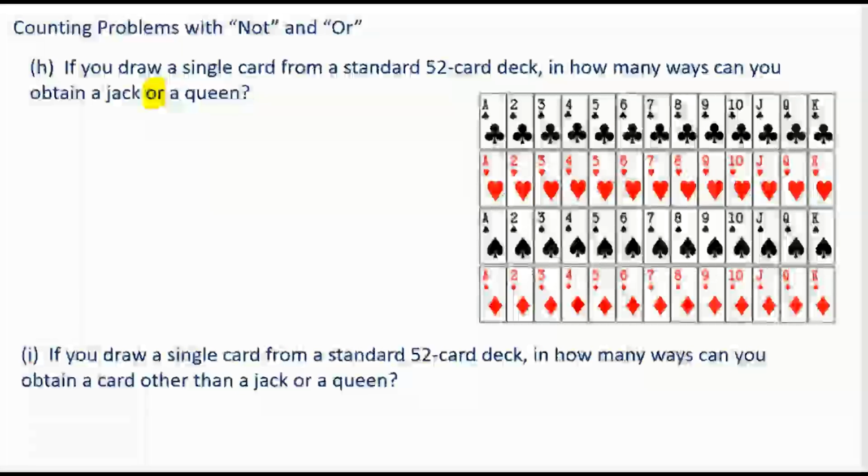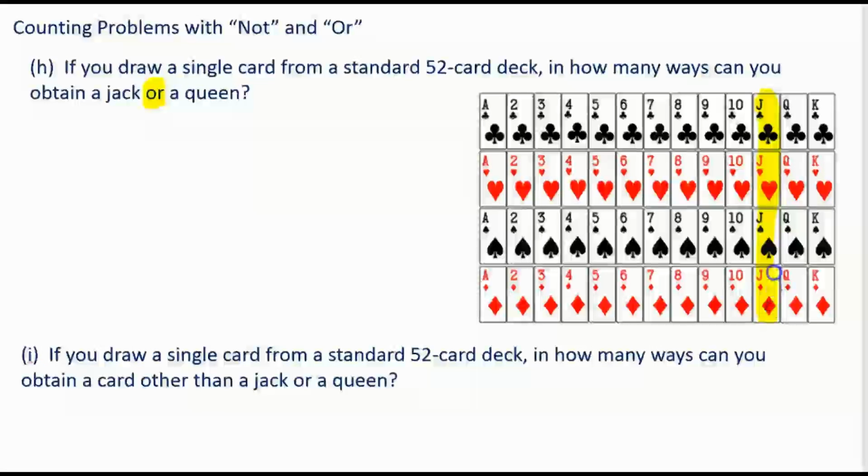Now what I've done, for folks that don't remember cards very well, is list all 52 cards over here on the right, and you'll notice we can highlight the jacks. So all of these values you see are jacks.